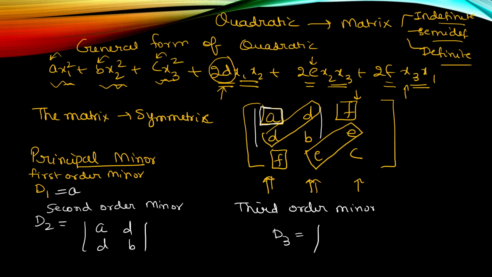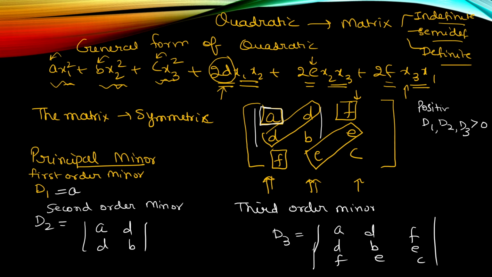That will be the determinant of all of it, the whole matrix. If all of these D1, D2, D3 come out as positive, then you will say that it is the condition of positive definite.